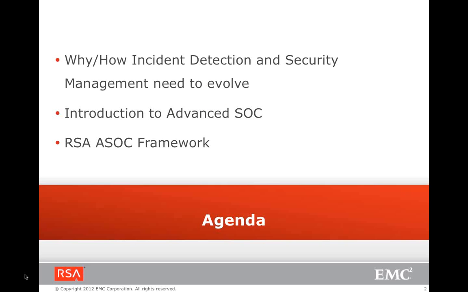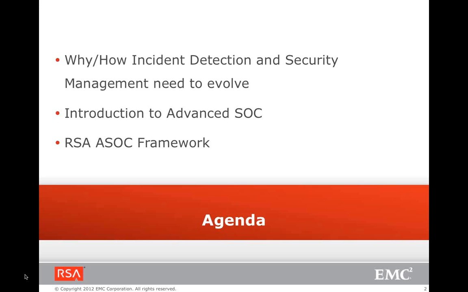So three topics. I'll spend around 15 minutes on each one of them. At the end of the presentation, we should open up for question and answers. You could go ahead and type down your questions as we speak, and we'll address all of them at the end of the session.